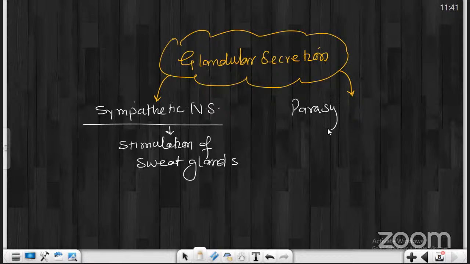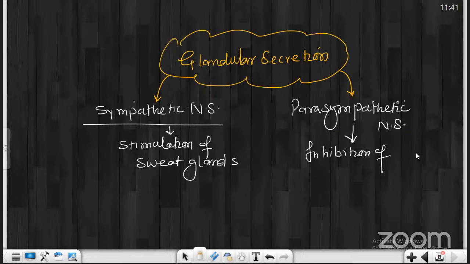Just the opposite. It causes inhibition of the sweat gland.